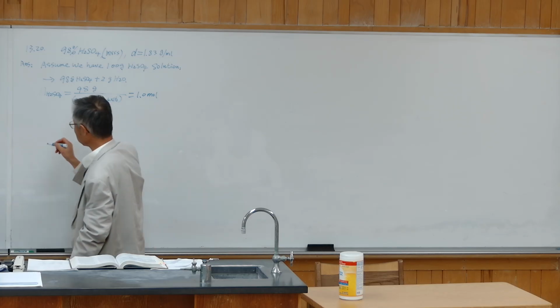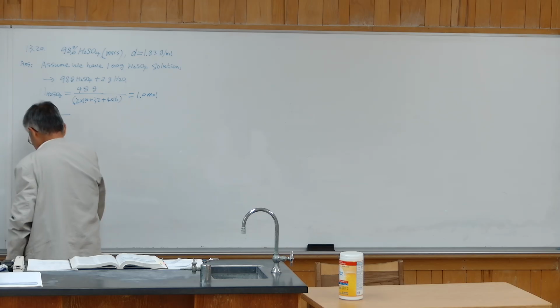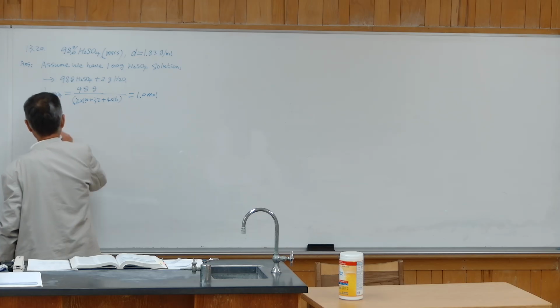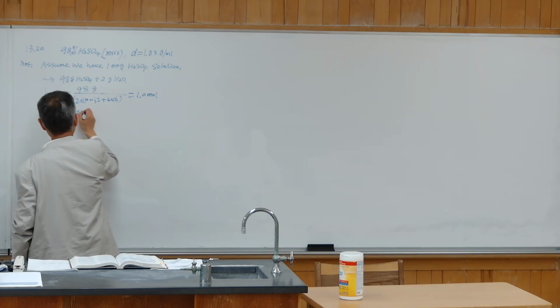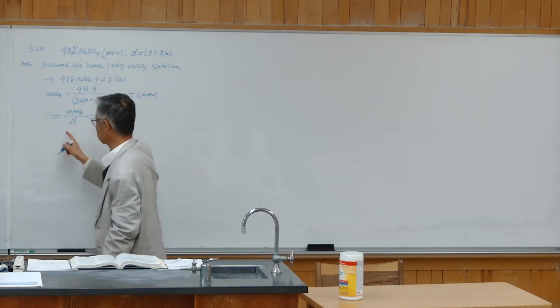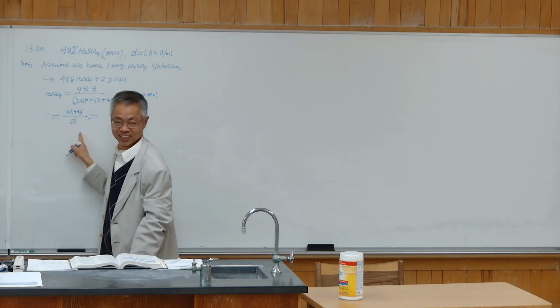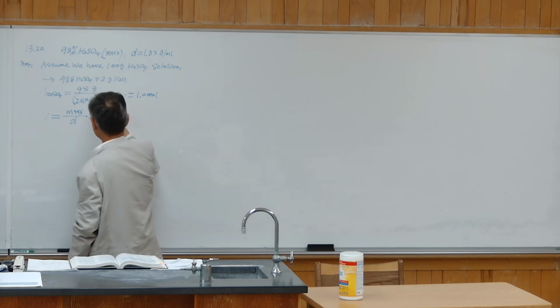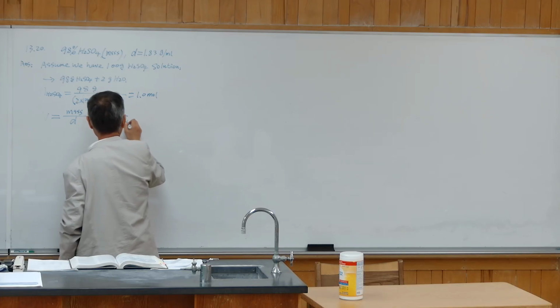Then volume equals mass divided by density. We just switch volume with density. Mass is 100 gram. Density is 1.83 gram per milliliter.